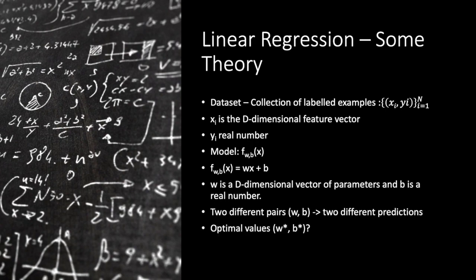And the question is, what are the optimal values of w and b, and how can we find them so that we could get the closest fit to reality and predict as accurately as possible? One thing that I should mention is that we call w the weight and b the bias. You're going to see these terms later in many different algorithms. So these are some useful terms to keep in mind.